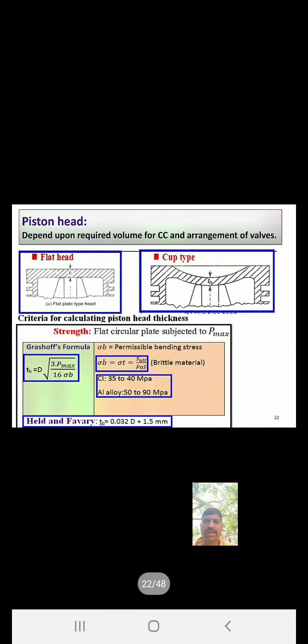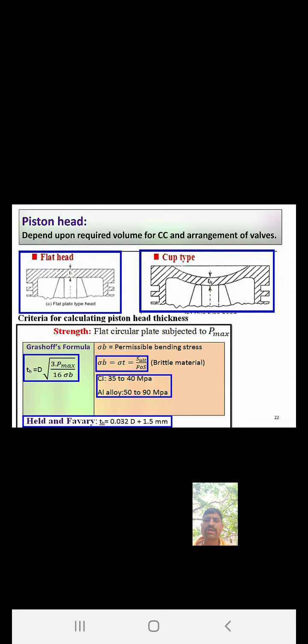Okay, then see the design of the piston head or crown. It is also called a crown. The thickness of the piston head or crown can be determined by using strength and heat dissipation. Okay, these two parameters are very useful when you design the piston head or crown.